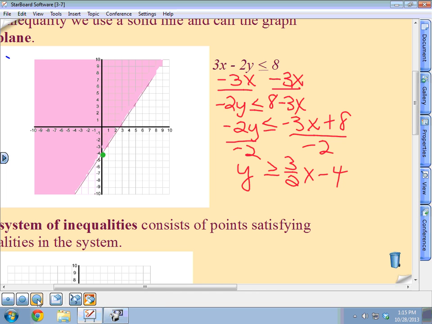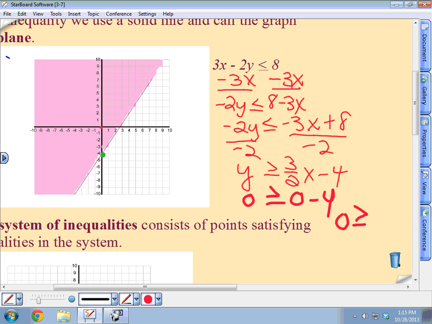So, for example, 0, 0, I could plug in this point into my inequality and see, does that give me a true statement or not? So if I did that, I could have 0 is greater than or equal to, well, anything times 0 is 0, minus 4. Well, is 0 greater than or equal to negative 4?